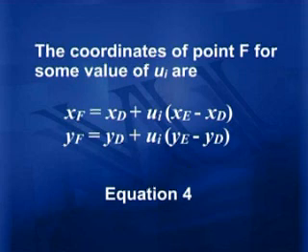You can see that having found points D and E, it would be easy, following the same rule, to find coordinates for point F. So whatever value of ui we might have used to come up with D and E, the same ui would be used in turn using D and E as well to come up with the coordinates of point F, which would be on the curve in this particular example. Why in this particular example?